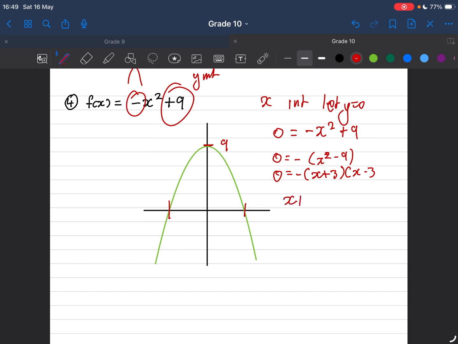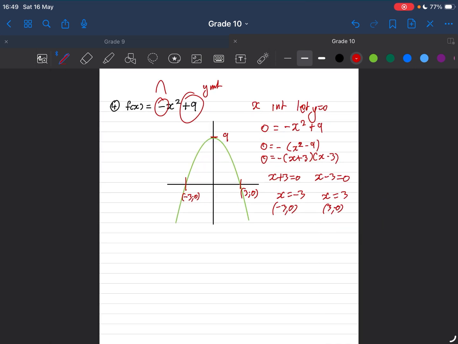So x plus 3 equals 0, or x minus 3 equals 0. So x is equal to negative 3, or x is equal to 3. In that case, it's (negative 3; 0) and (3; 0). So we should have negative 3 and 0 here, and 3 and 0 there. And that will be my graph drawn.